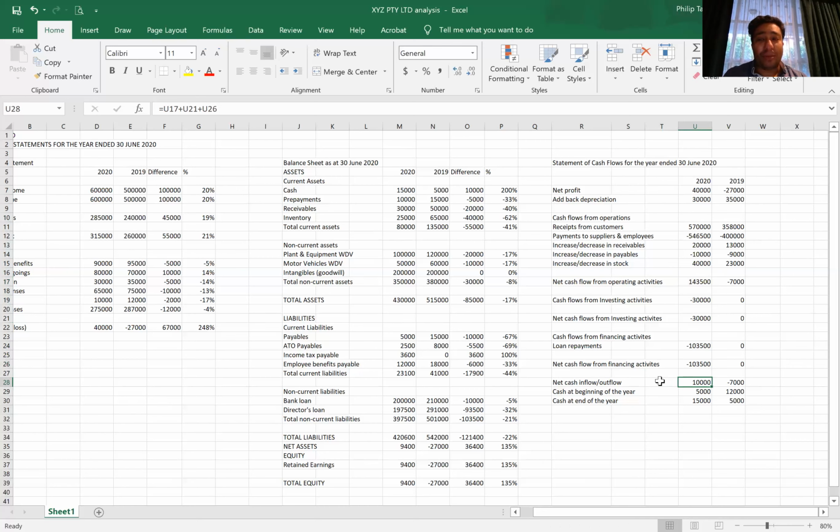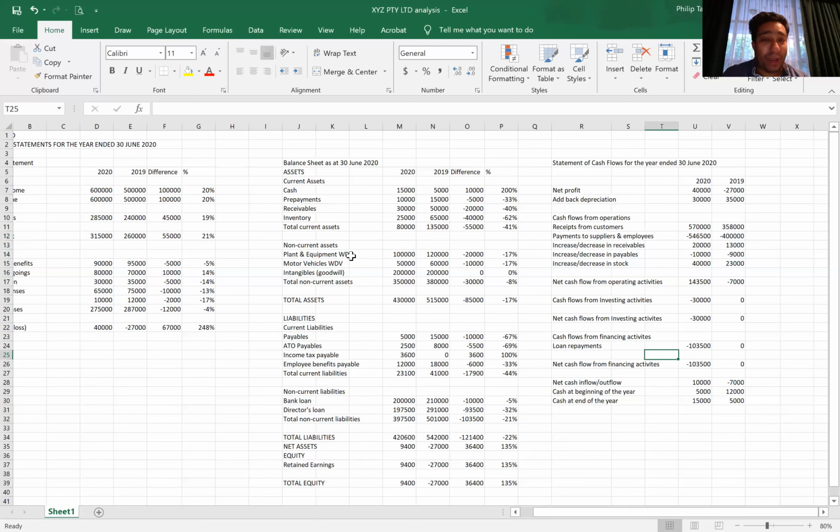Now, once you've determined your net cash inflow or outflow, you then come to the cash at the beginning of the year, $5,000, which is there in 2019. You add that, which gives you your cash at the end of the year, $15,000. So the statement of cash flows tells you how you arrived from $5,000 in 2019 to $15,000 in 2020.